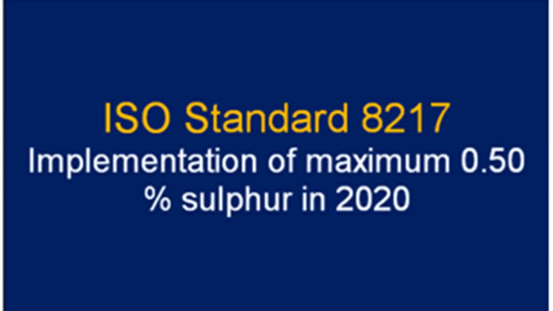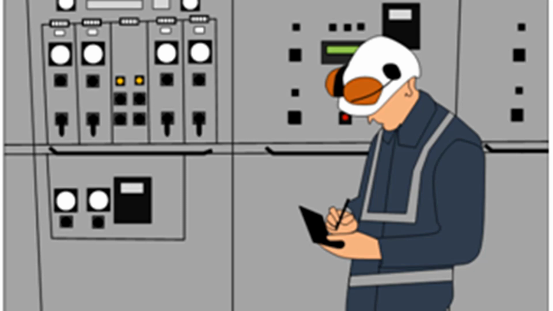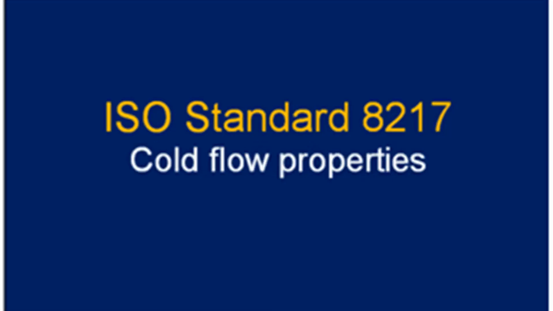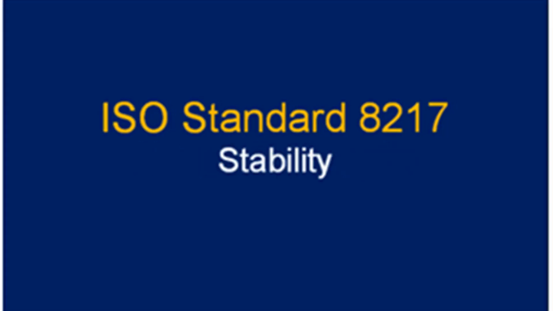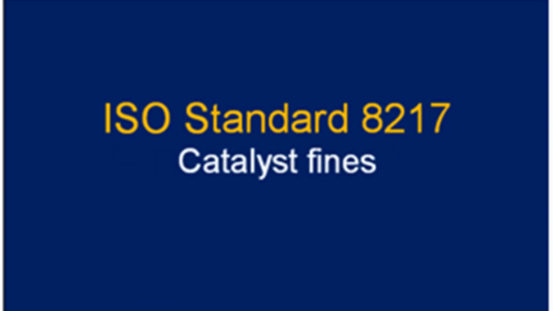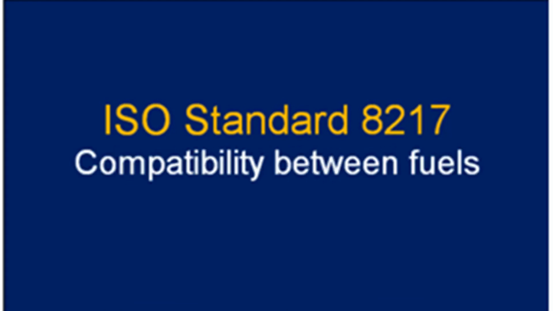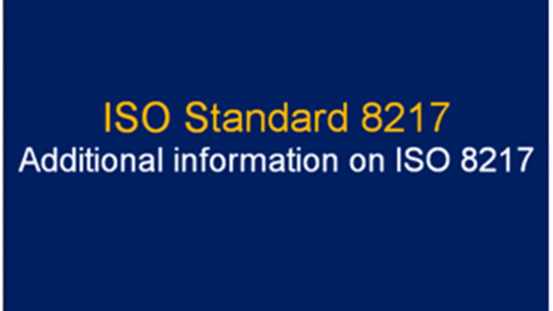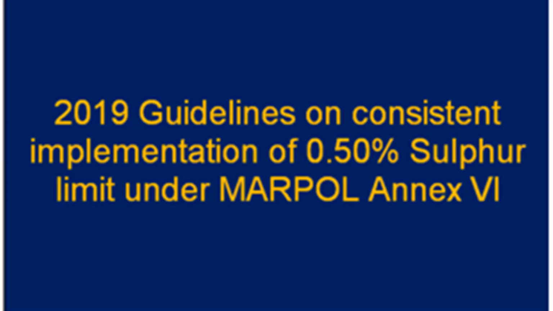This ISO standard 8217 provides the characteristics of the fuel oil in respect of kinematic viscosity, cold flow properties, stability, ignition characteristics, and catalyst fines. Additionally, it provides considerations on the compatibility between fuels and gives additional information on ISO 8217.